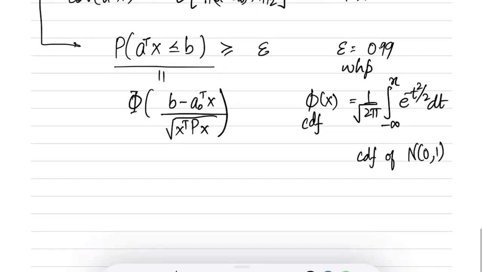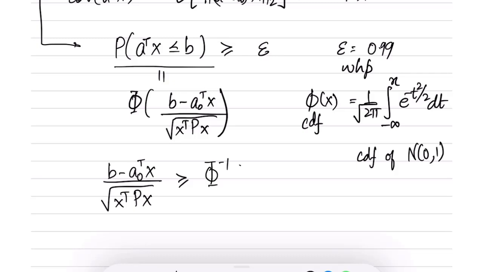So if I substitute this, what does it imply? I can write it as (B minus A naught transpose X) divided by the square root of X transpose P X being greater than or equal to phi inverse of epsilon. Whatever that epsilon is, I can always take an inverse of phi because phi is a CDF, and in fact for a Gaussian it is a strictly increasing function.